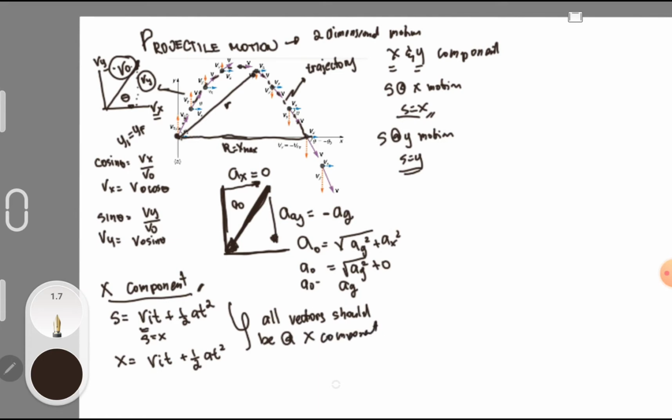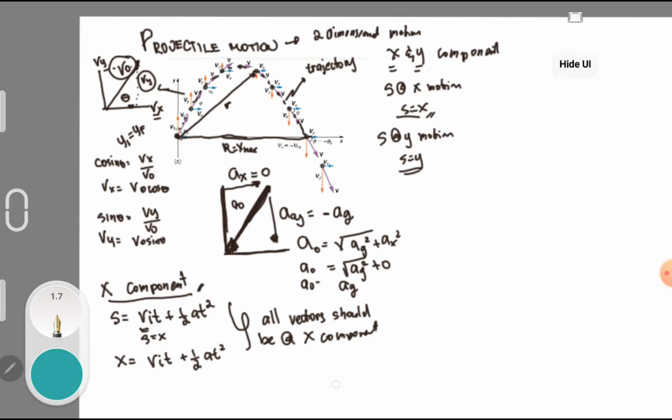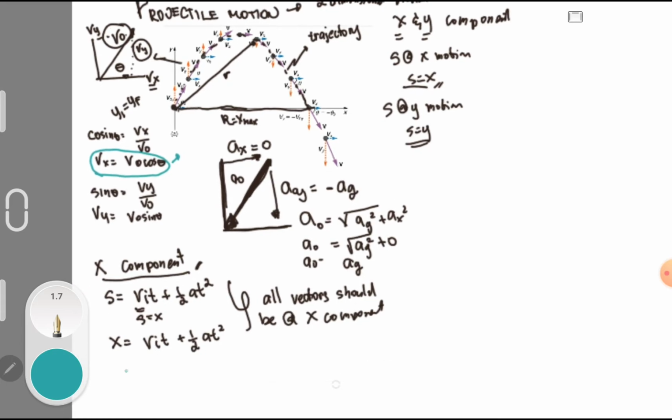So what are our X components of your vectors? So madami yan, di ba? So based on our nomenclature a while ago, my X component for my velocity is your Vx, right? So I have my X is equal to Vxt plus 1/2.